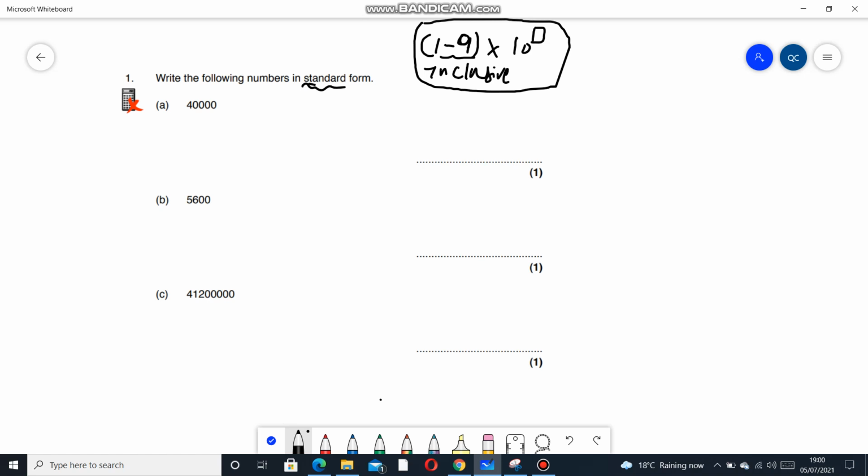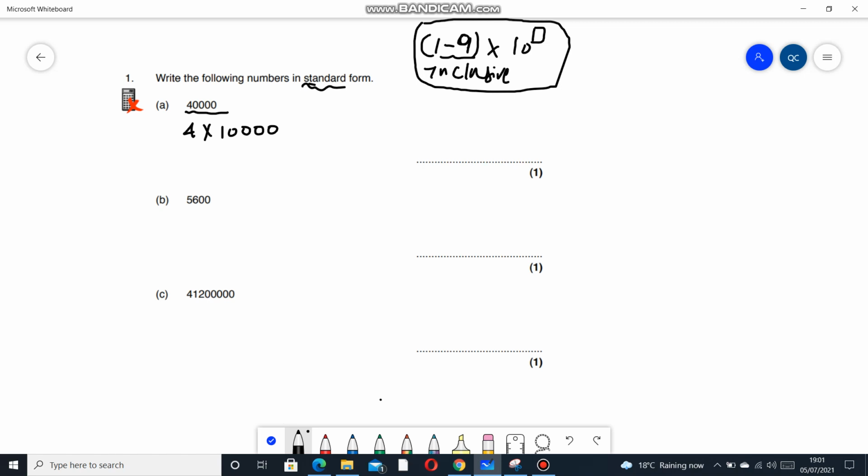So let's try example 1, 40,000. Imagine this number is very big. How would we write that in standard form? First of all, I would write it as 4 times 10, another 0 and another 0, and how many zeros? 4 zeros, so 10,000.